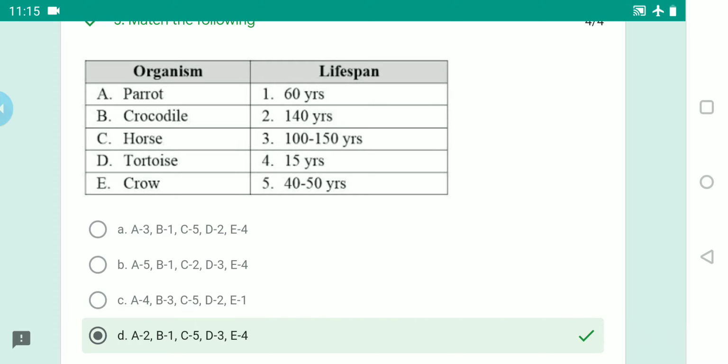The parrot can live above 140 years. The crocodile can live about 60 years. The horse can live about 40 to 50 years. The tortoise can live about 100 to 150 years. The crow, about 15 years. Now match the answer. Option D is the right answer. So this question is also related to lifespan.